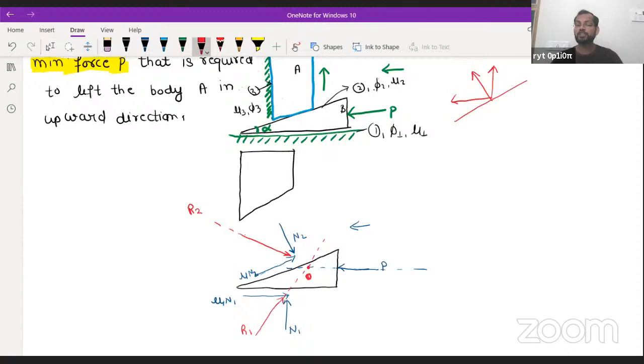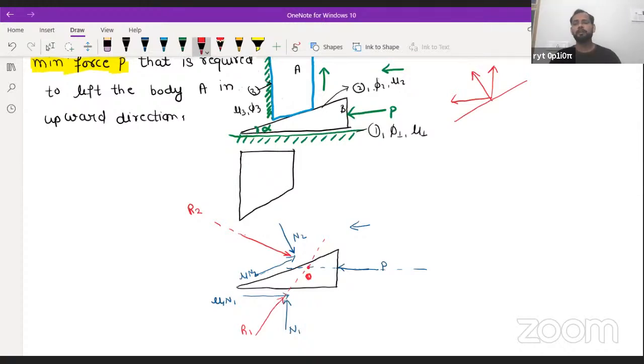So it is crossing the line of action of force P at some point O. So just tell me from where the line of action of force R2 will pass. Will it pass through O, or will it pass through any other point other than O? Just tell me. And if it is passing through point O, then why is it passing through point O?